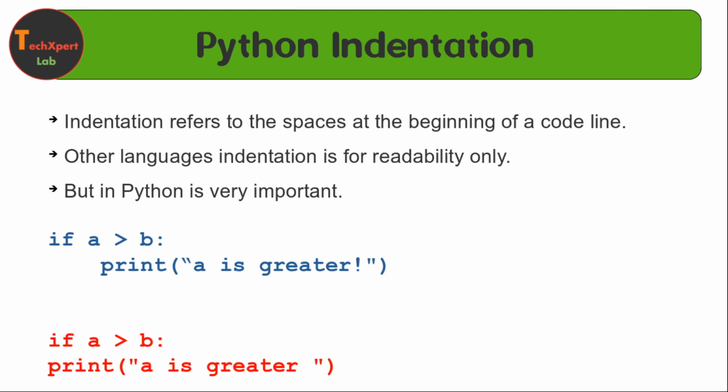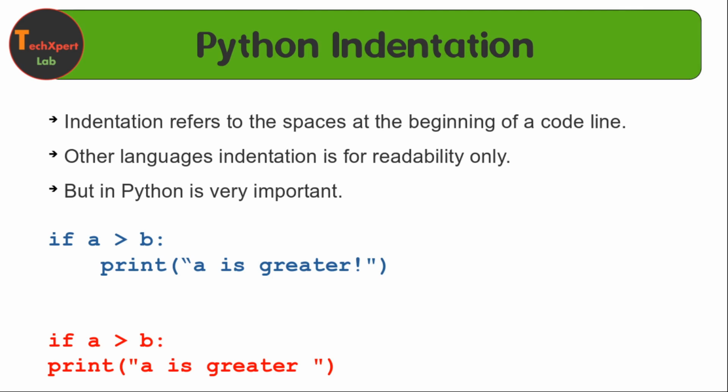So for example, let's consider this if statement. Don't worry about this code. We will definitely go into the details of all these if conditions later. But right now, just for example, the correct indentation and bad indentation in Python. If a is greater than b, we create a block using multiple spaces.